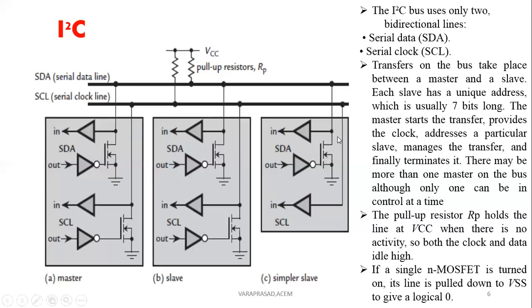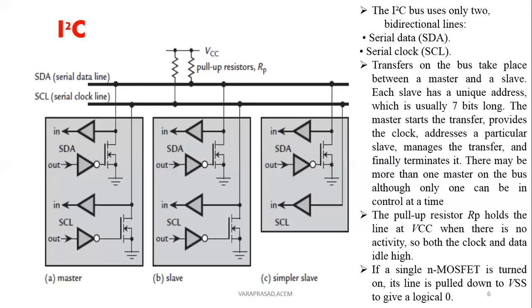So each slave has its own 7-bit address. Any master can access any slave, but only one master and one slave will be active at a time.